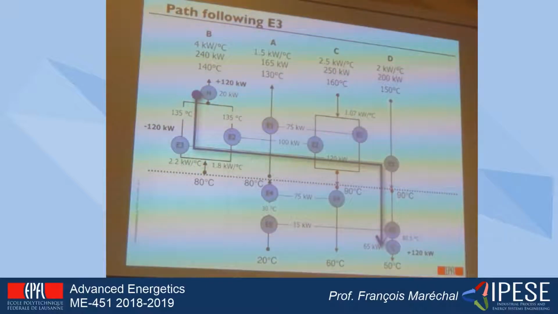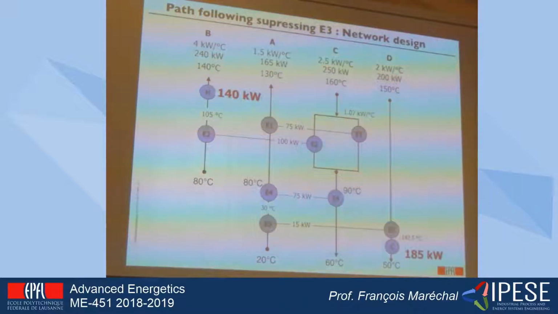But the advantage is that if I'm adding 120 here, I will need 120 less here. And as this was the size of the heat exchanger, it means that the new design will have one heat exchanger less. Okay? But the price to pay, in order not to buy this heat exchanger, is to pay for the hot and the cold utility an increase in the total amount.